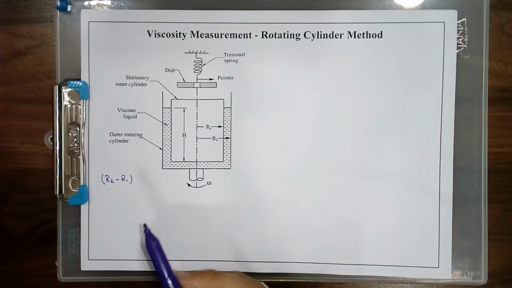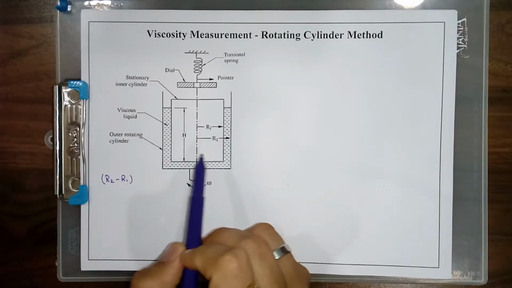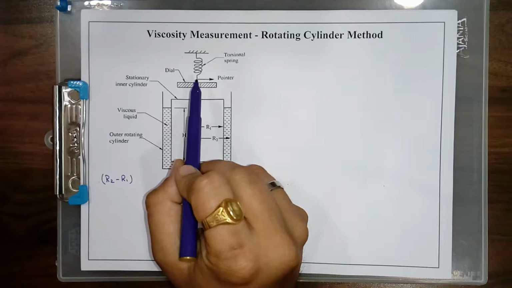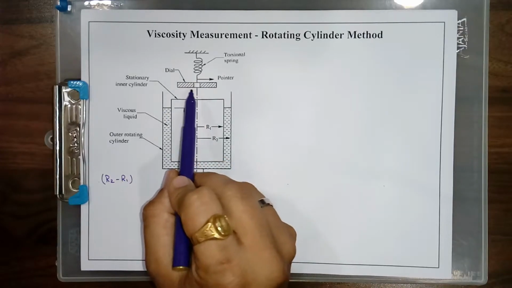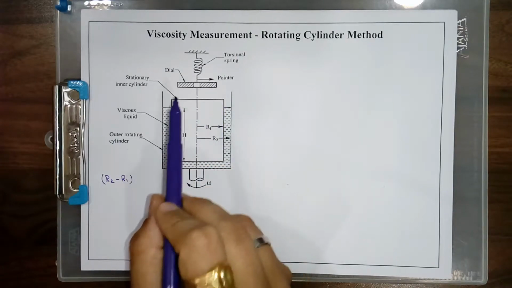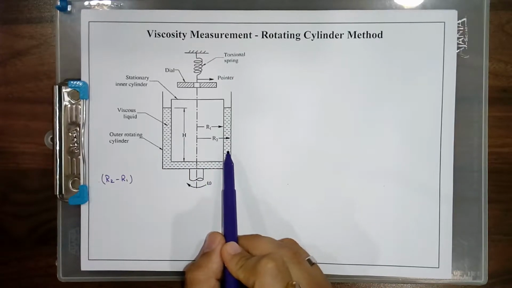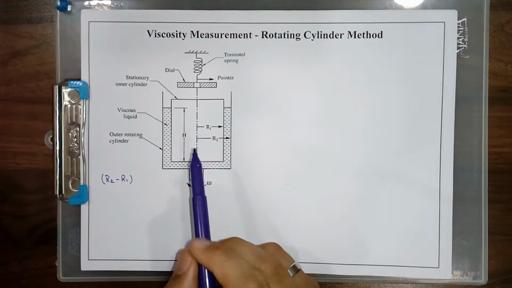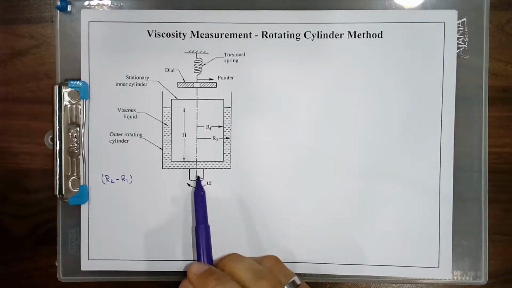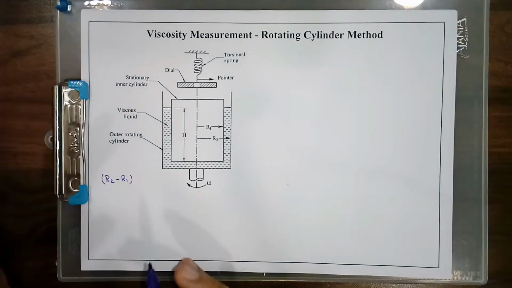Now students, we rotate the outer cylinder at an rpm of n, having angular speed omega, while the inner cylinder is a stationary one which is attached to a torsional spring, and here we have a strain measurement meter which measures the amount of torque transmitted from the outer cylinder to the inner cylinder, and using Newton's law of viscosity we can calculate the viscosity for the given viscous fluid.